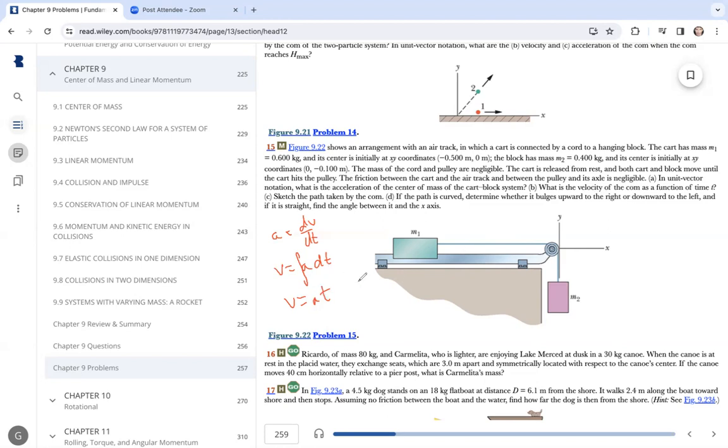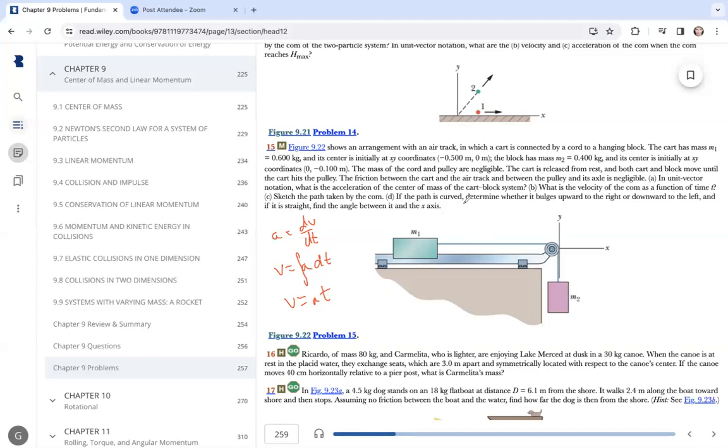And then hopefully you realize these are both linear. So this is going to be some sort of a diagonal. This piece has some horizontal velocity. This piece has some vertical velocity, but they're both constant. So the center of mass is going to be moving down and to the right, like that.